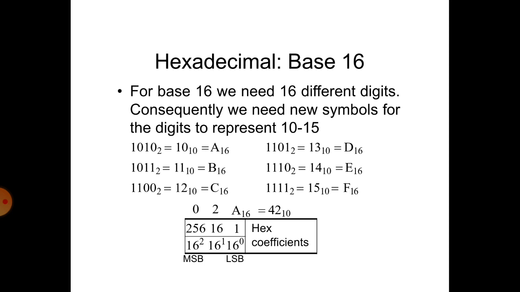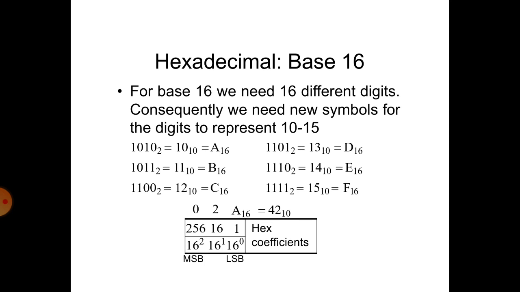So 10 means A to the base 16, 11 means B, 12 means C. The corresponding binary numbers: 10 means 1010, 11 means 1011, and 12 means 1100.